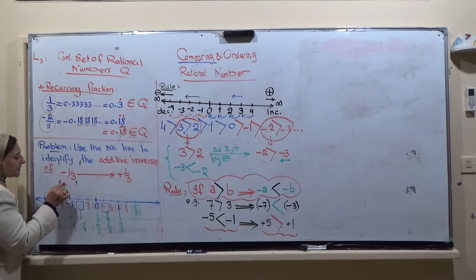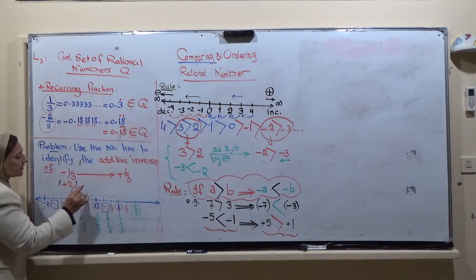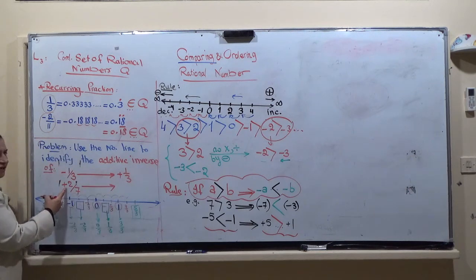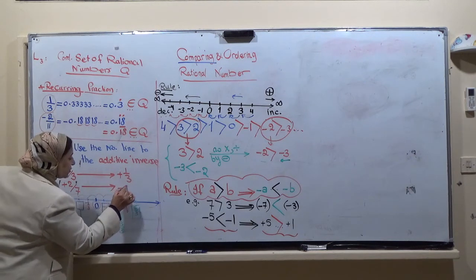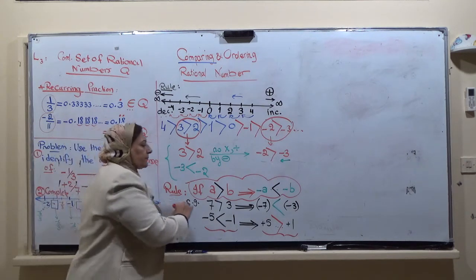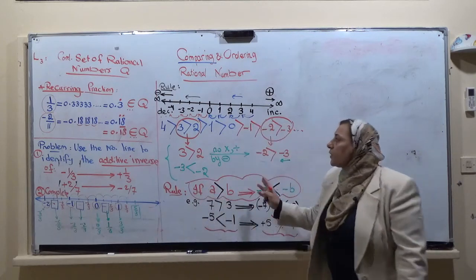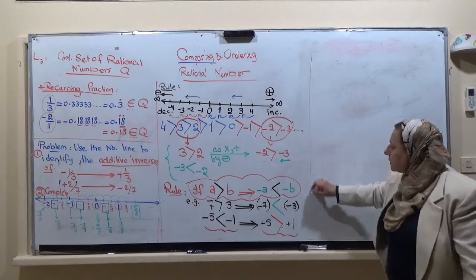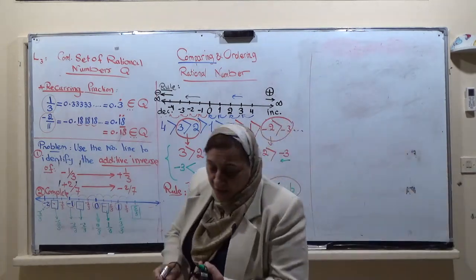Again, +2/7, its additive inverse, change the sign, is -2/7. This is another example. So you see the additive inverse: if you have an inequality, change the sign.